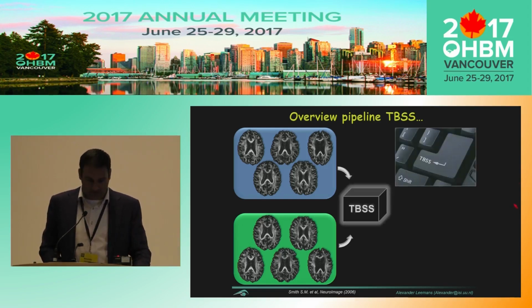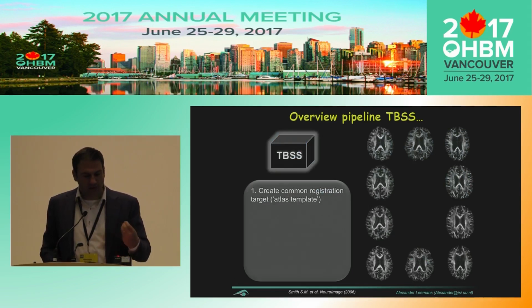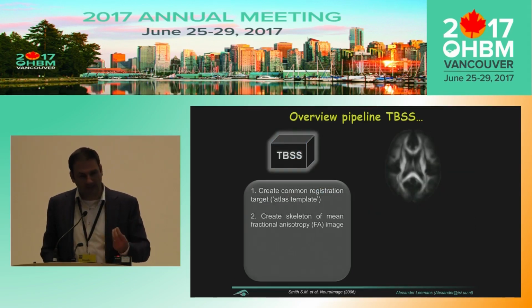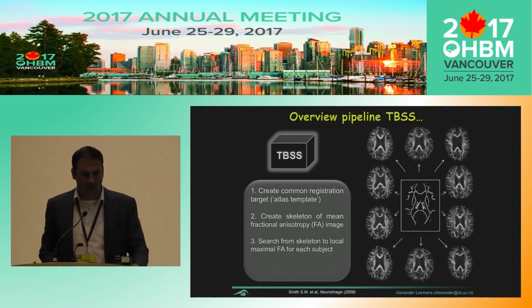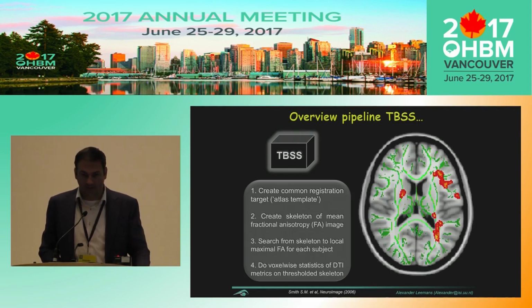Then use the right button, and boom, you get your answer. Okay, so that's one of the reasons why it's so popular. It's very user-friendly. Kidding aside, how it really works is you create a common template from which you then create a skeleton. And this skeleton is then basically back projected to each subject. And then you get your statistical inferences.